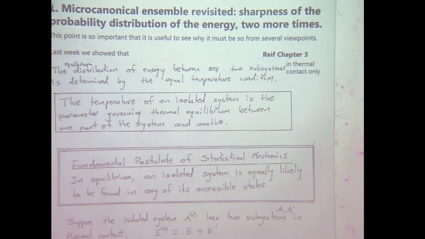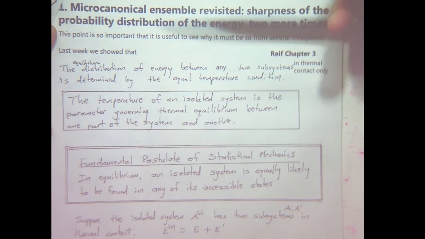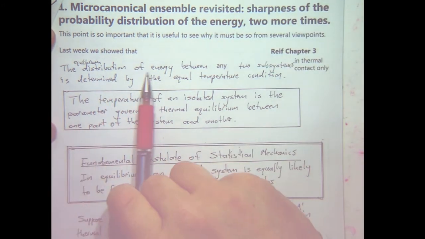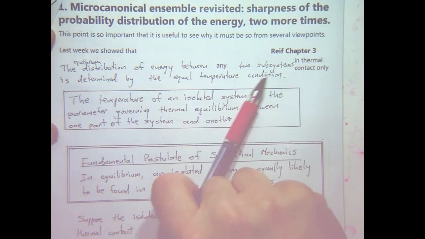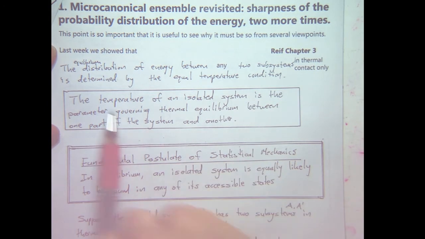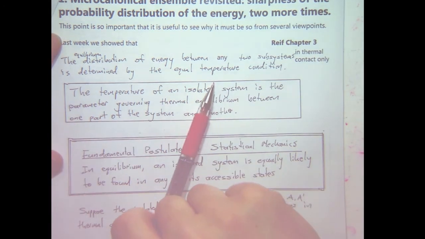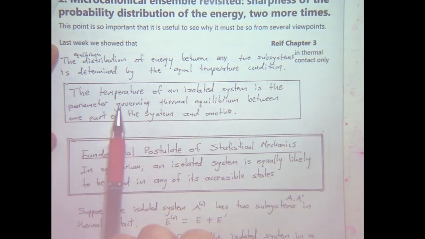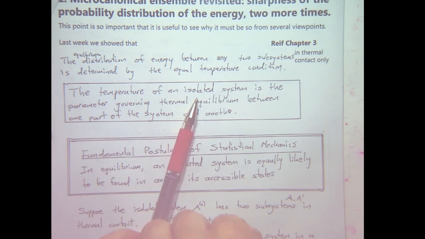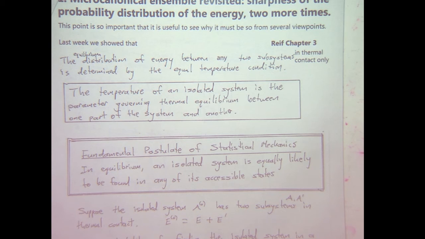So one of the things we showed, or we know, is that the equilibrium distribution of energy between any two subsystems in thermal contact only is determined by the equal temperature condition. And if you have an isolated system, you can divide it up into subsystems, and if the isolated system is to be in thermal equilibrium, then every pair of subsystems has to be in equilibrium.